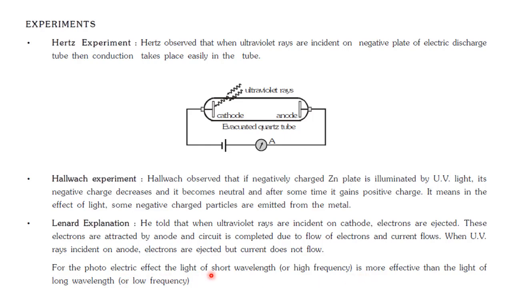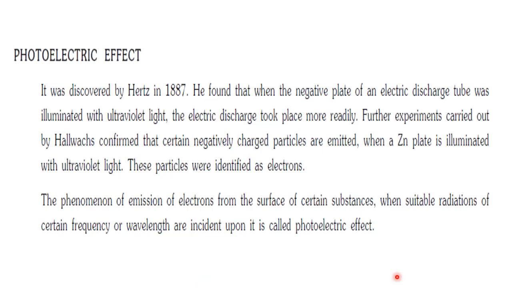For the photoelectric effect, light of short wavelength or high frequency is more effective than light of long wavelength or low frequency, because this was explained by Einstein in his photon theory, when light was considered as a particle. So what is the photoelectric effect?